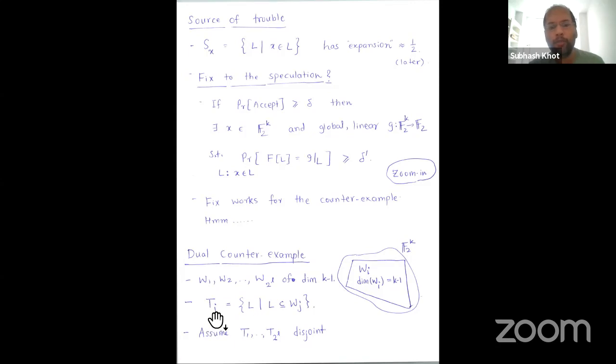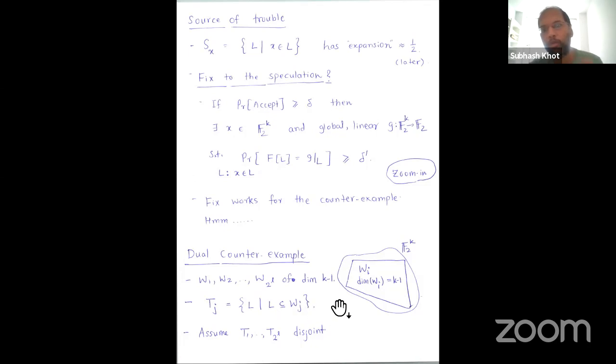And then let T sub j be the set of all spaces L which are completely contained in the corresponding hyperplane W sub j. For the sake of simplicity, just assume that T1, T2, and so on are disjoint. Now, clearly, what's the fraction of subspaces which are completely contained in W sub j? These are little L dimensional subspaces.